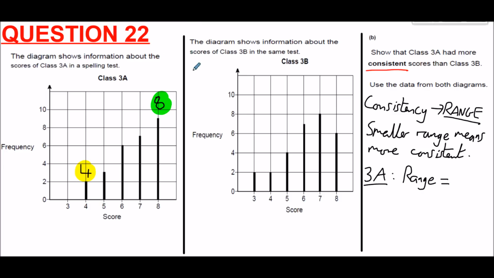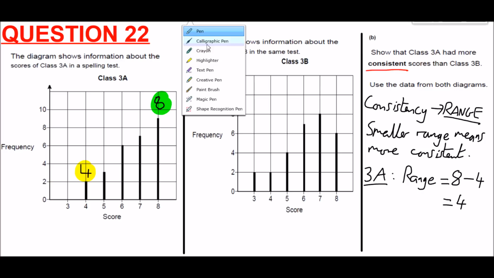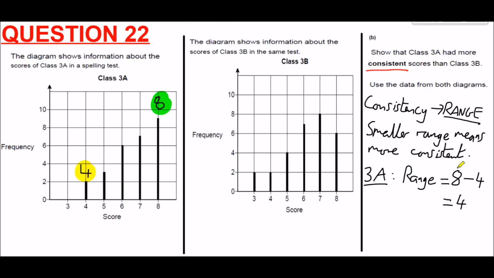And so the range for class A is 8 take away 4, which is 4. So again, just to remind you that the range is the highest score take away the lowest score, which is 4.